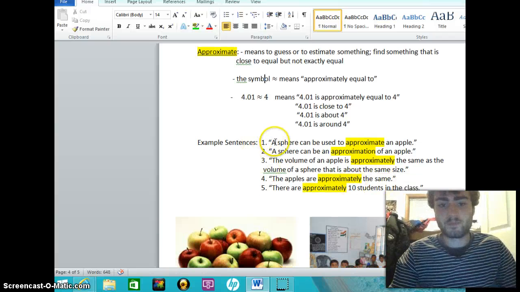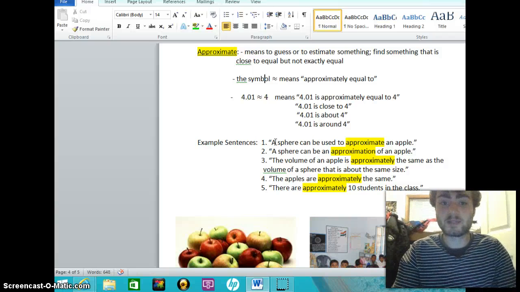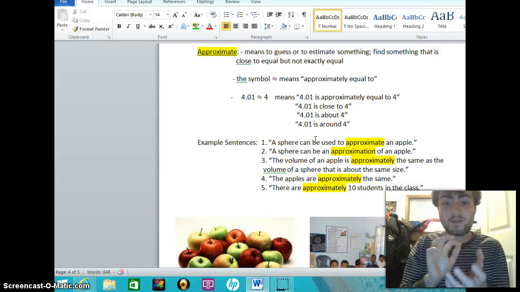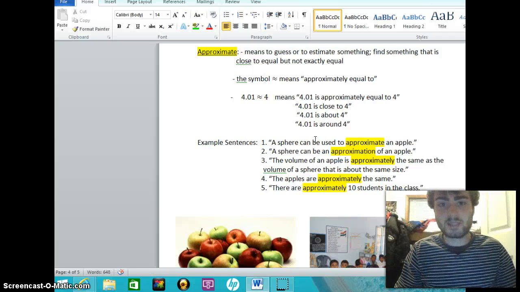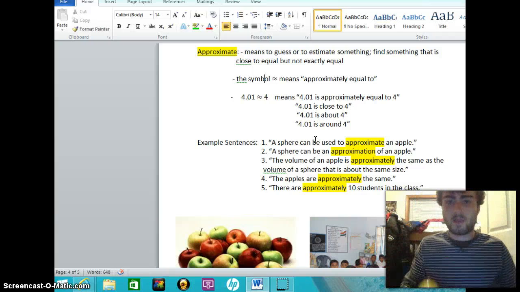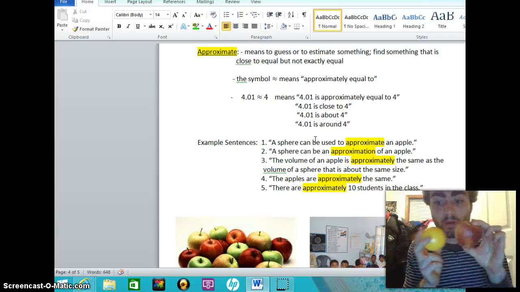So when you use approximate in a sentence, it could sound like this. A sphere can be used to approximate an apple.